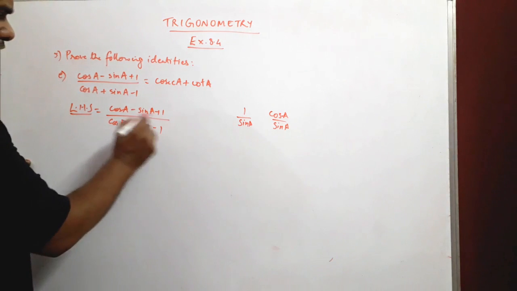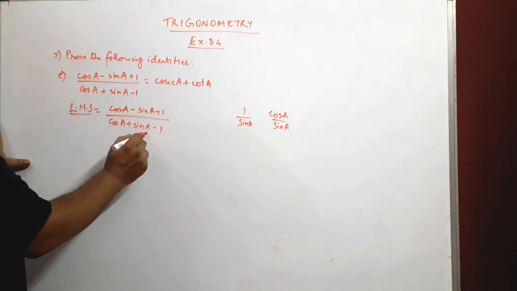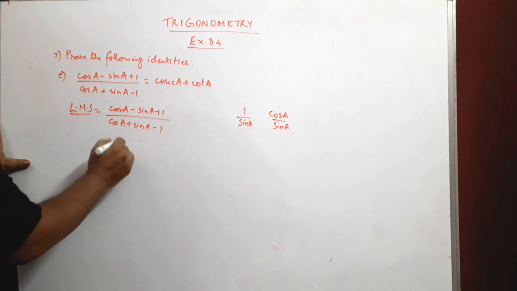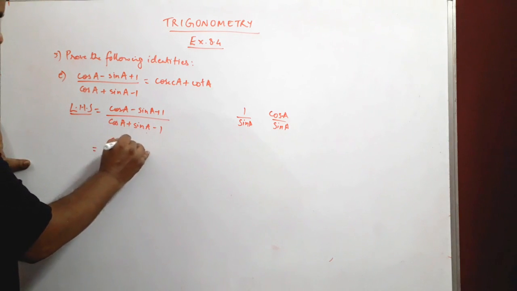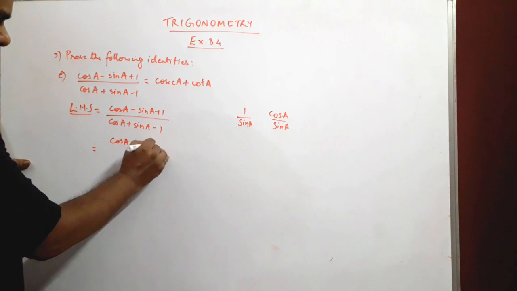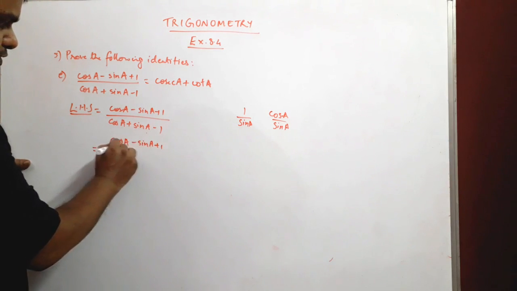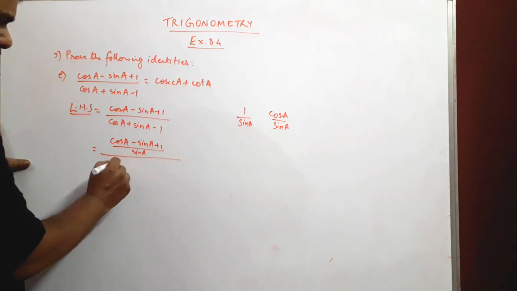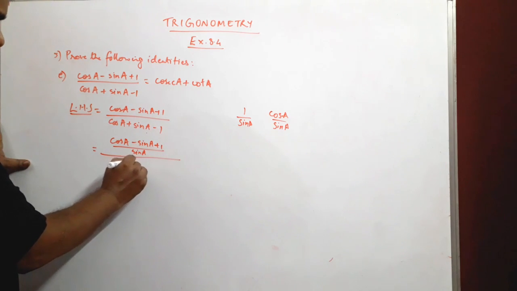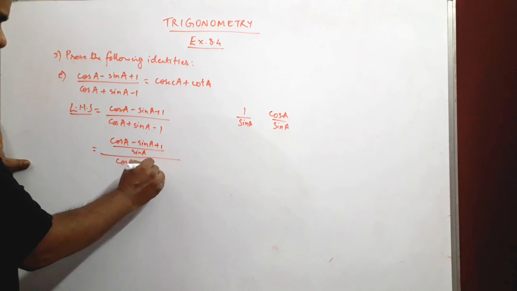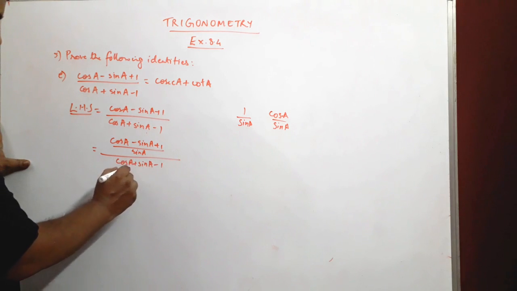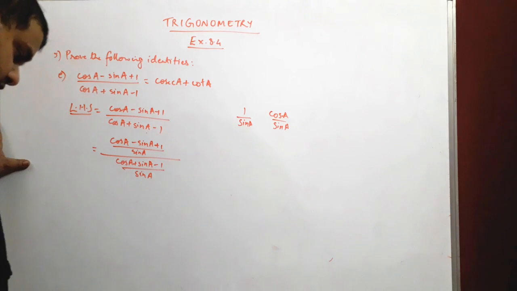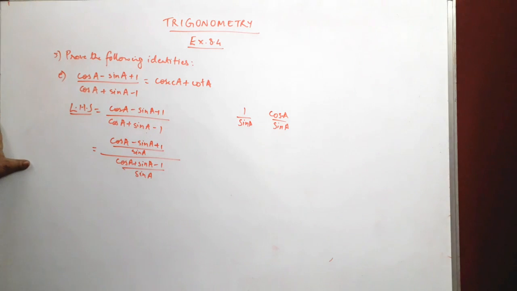So what we'll do is divide both the numerator as well as the denominator by sin A. Let's see where we get: (cos A minus sin A plus 1) upon sin A, whole thing upon (cos A plus sin A minus 1) upon sin A.